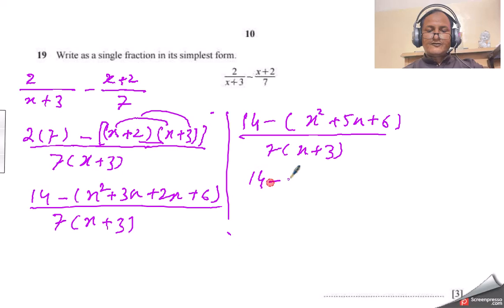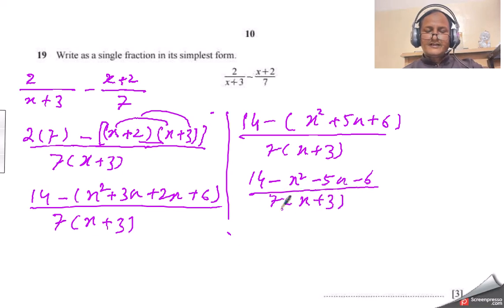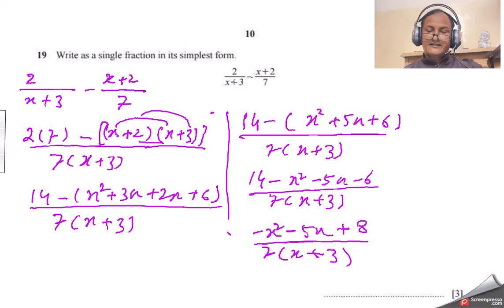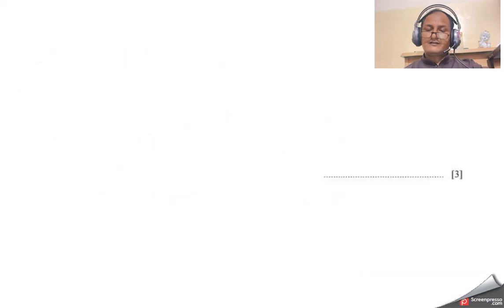That gives us 14 minus x squared minus 5x minus 6, over 7 times (x plus 3). Collecting like terms, we have minus x squared minus 5x plus 8, over 7 times (x plus 3). You can write the answer in your own way, it's okay.